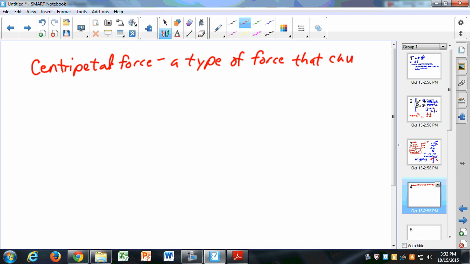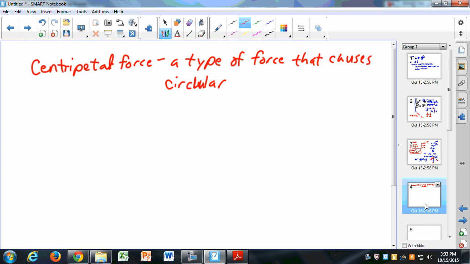I never understood what centripetal forces were until I realized that a centripetal force isn't a particular force, it's a role that a force plays. We have all sorts of forces: frictional forces, tension in strings, contact forces when you push on something. Any one of those forces can be a centripetal force if it causes circular motion.